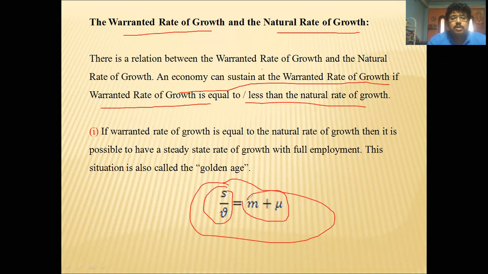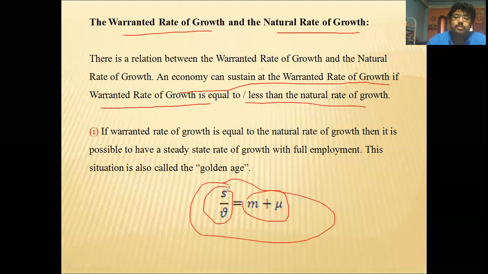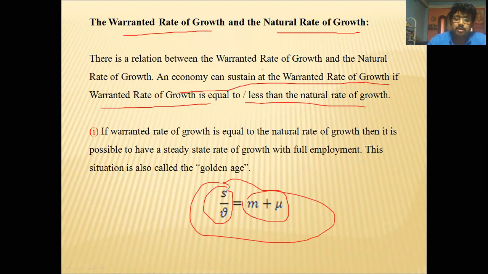Now if you could remember, the warranted rate of growth is that rate of growth at which the economy is growing, but there is an equalization between desired saving and desired investment. There is also an equalization between the desired capital stock and the actual capital stock.